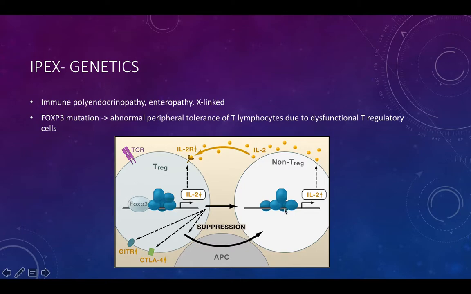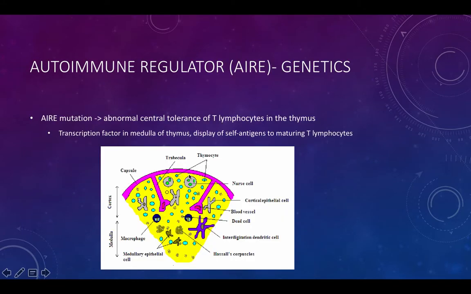Now here is the biochemistry. I'm not going to explain the mechanics exactly, but FOXP3 is very important for Tregs to assert their function in suppressing T lymphocytes, which are helper T lymphocytes and killer T lymphocytes, mainly the helper T lymphocytes. So it dampens this down. Tregs play a very important role in peripheral tolerance because, as I explained in the very beginning, some self-reactive lymphocytes may escape the school.